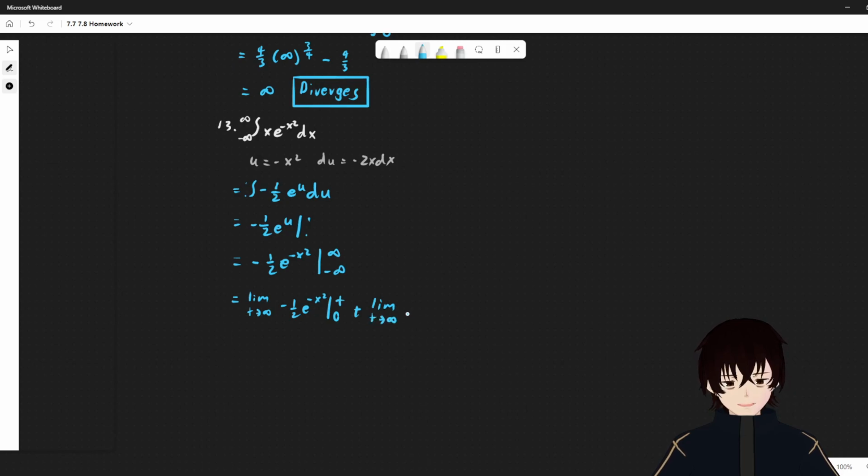Might be illegal to do that, but you get what I mean. Plus -1/2 e to the power of -x squared from t to 0, and this is actually -infinity.